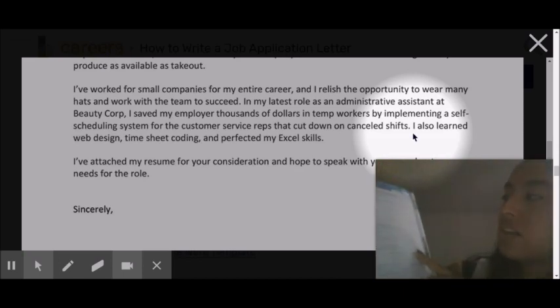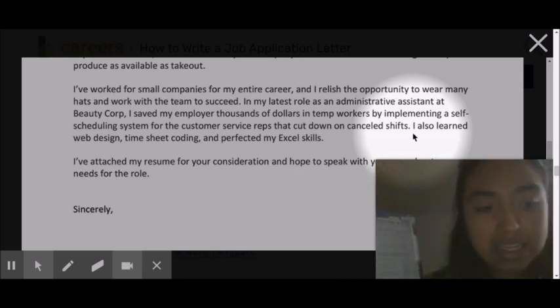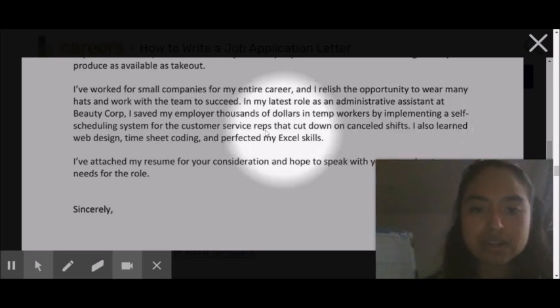In exercise 1, you need to match the elements A to G with the parts 1 to 7. Remember, we just ran over the parts of the formal letter a moment ago with this example I showed you right here.